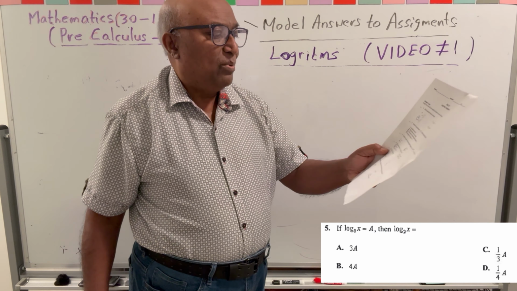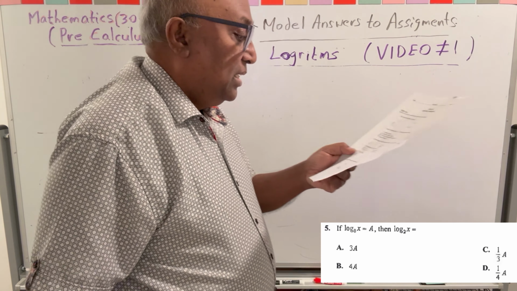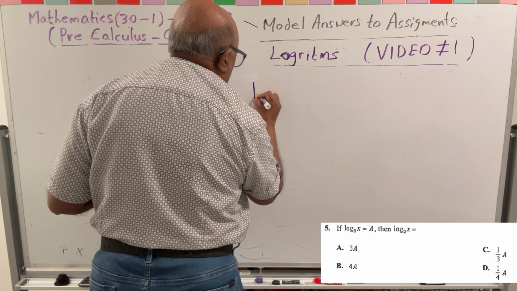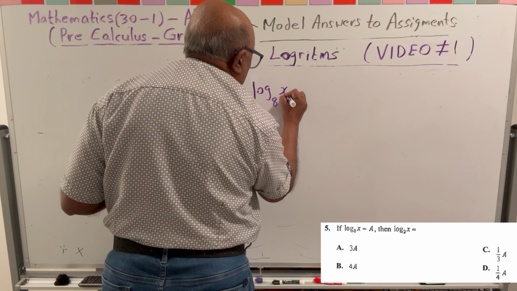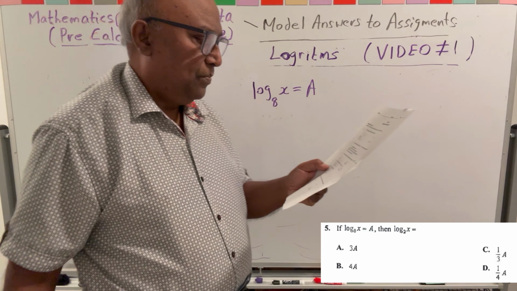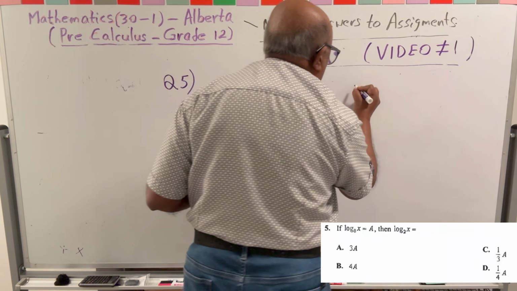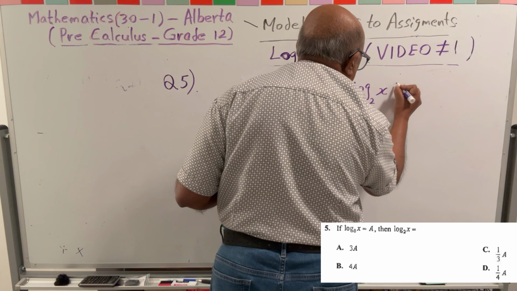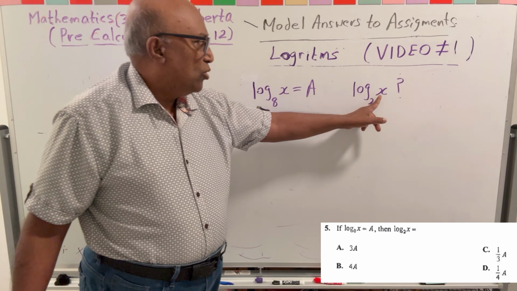What does question number 5 say? If log base 8 of x is equal to a, then log base 2 of x, this is the question. This is a, we have to find this one.